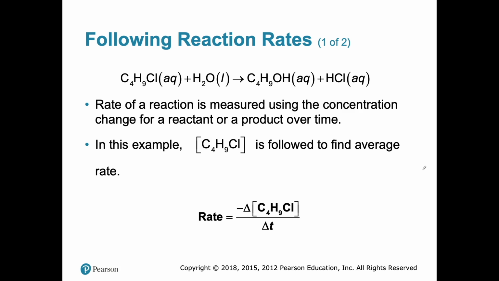But you're going to be combining that in a reaction with water, and what you get out of it is butanol. Is that butanol? Yes, that is butanol. You'll get butanol and hydrochloric acid, right?